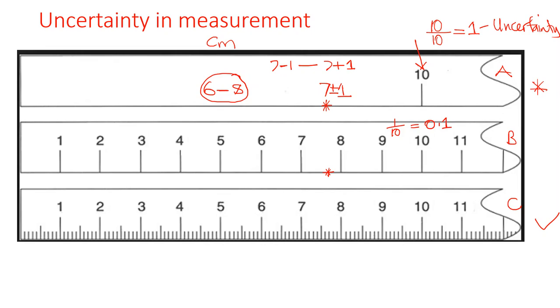Now I want to determine what this point is. You can see here we are moving from 7 to 8. Somewhere here is 7.5. This point may be 7.7. So let's say this point is 7.7.